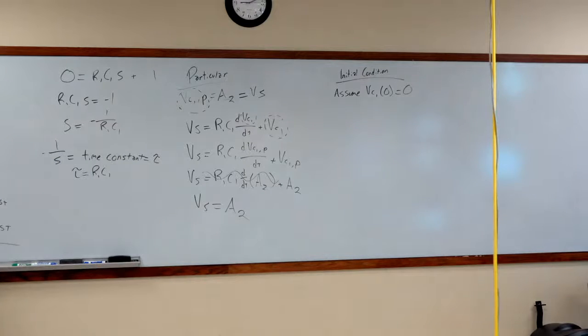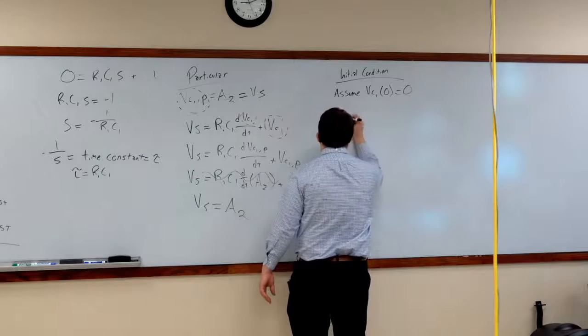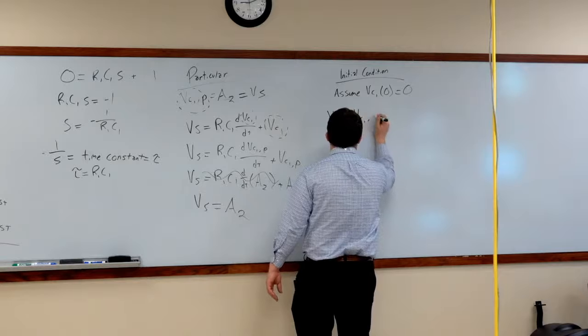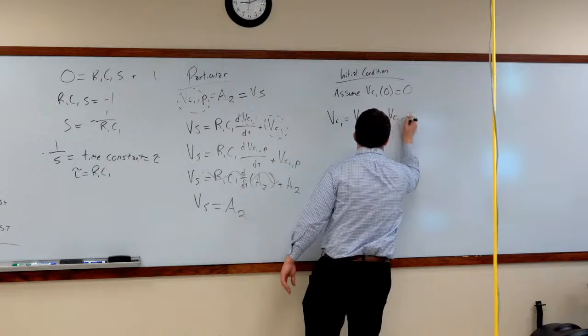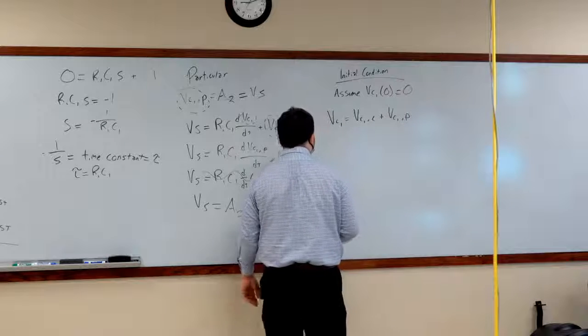We can go back and plug that into this equation, which we know is the solution. Vc1 is equal to Vc1c plus Vc1p, complementary plus particular. Okay?